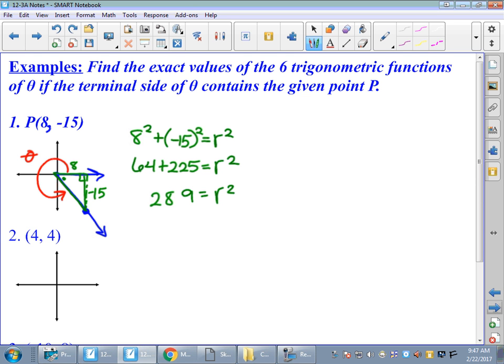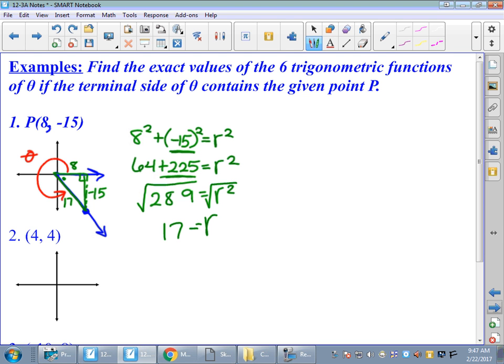The square root of 289 is 17. And so r is equal to a positive 17. So when you square a negative 15, it becomes a positive number. And so everything's positive. You take the square root, everything's going to be positive. So I'm just going to label 17 over here in my picture. And now I have all 3 dimensions of my triangle.